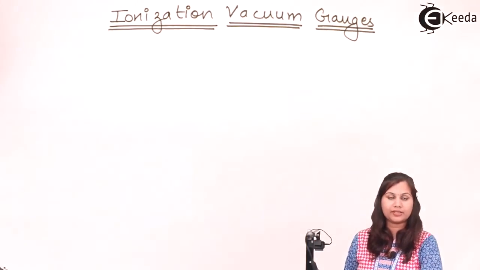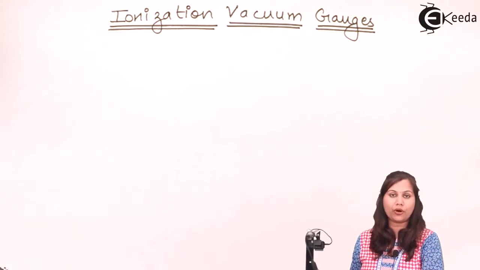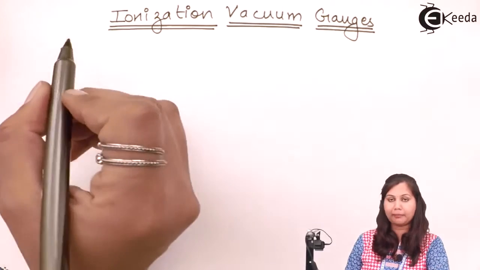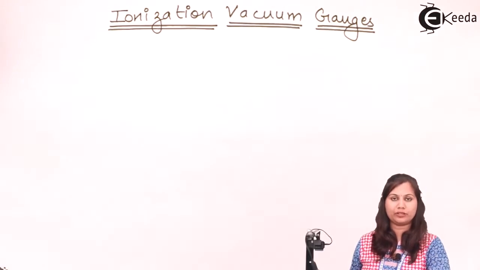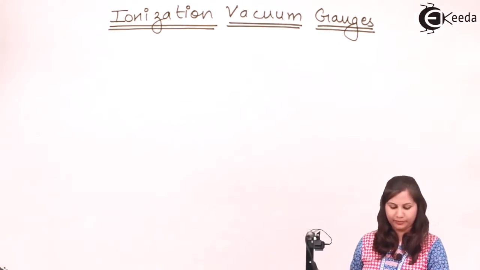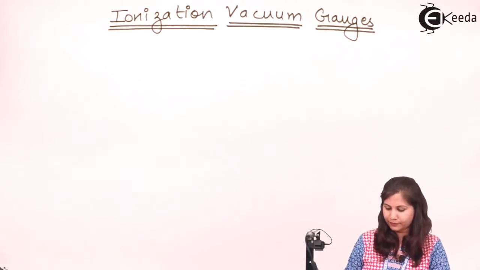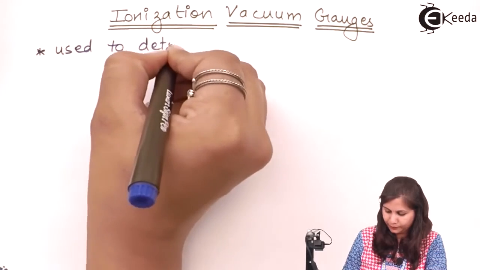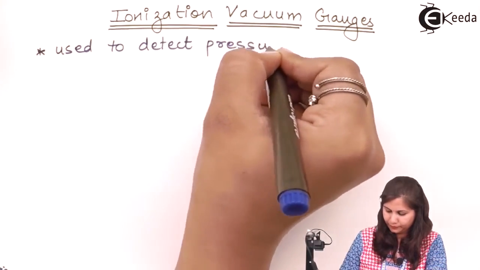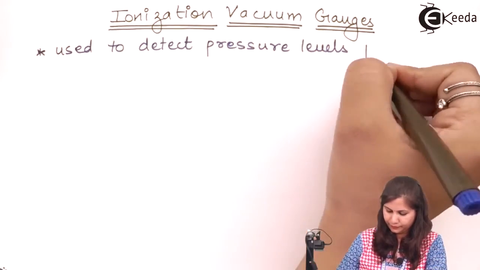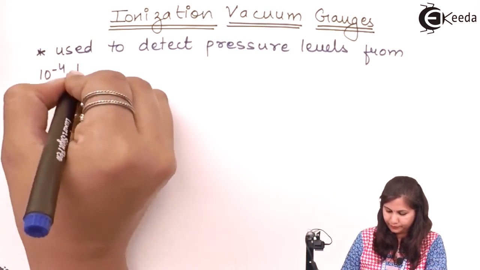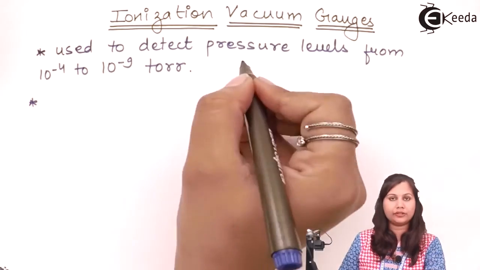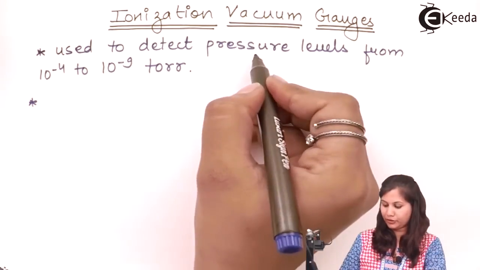Ionization vacuum gauges are used for the measurement of pressure in the range from 10 raised to the power minus 4 to 10 raised to the power minus 9 Torr, where Torr is the unit of pressure.